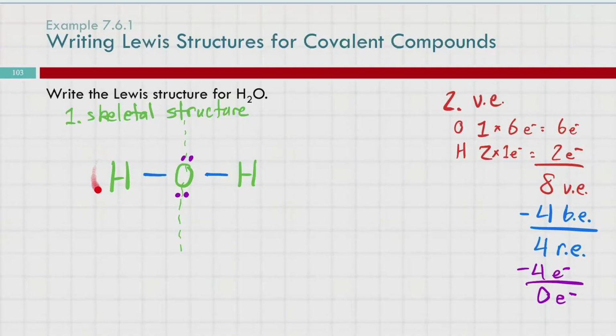We already established hydrogen has its duet. Hydrogens are happy. Does oxygen have the octet that it wants? Yes, it does. It has 1, 2, 3, 4 pairs, 2 bonding, 2 lone, 2 electrons each.